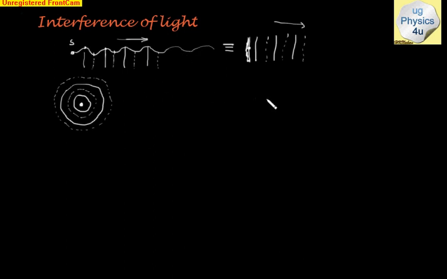Before going into detail, I will show you some of the interference patterns so that later, during the study of interference, we can understand the meaning of bright points and dark points. So let me show you some real images of interference patterns.